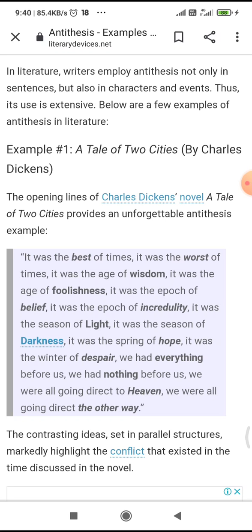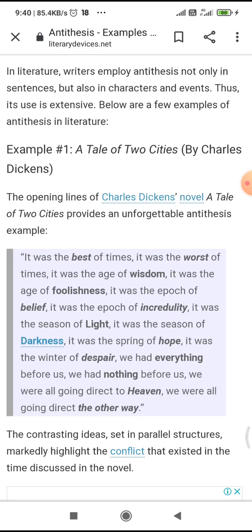It was the epoch of belief, it was the epoch of incredulity. It was the season of light, it was the season of darkness. It was the spring of hope, it was the winter of despair. We had everything before us, we had nothing before us.